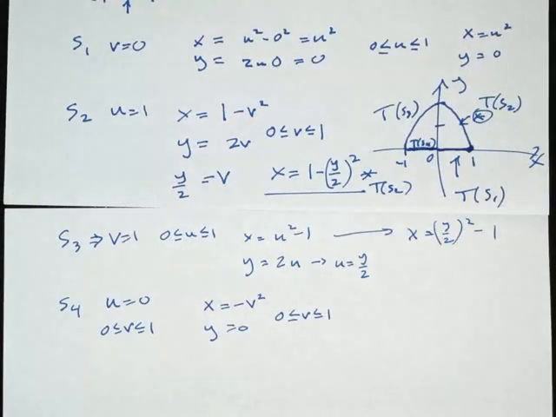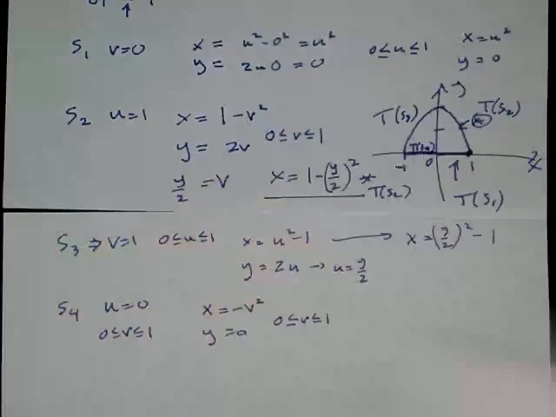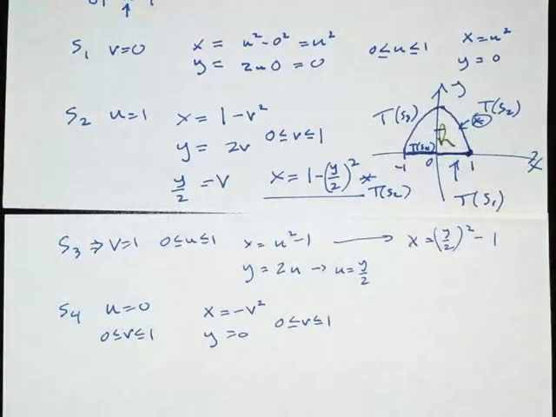Wasn't that my previous picture here? It said that T went from S to R. So if I think of this as a region R, it turns out that if I want to integrate on that region, I can use this transformation and use the integral over S instead.